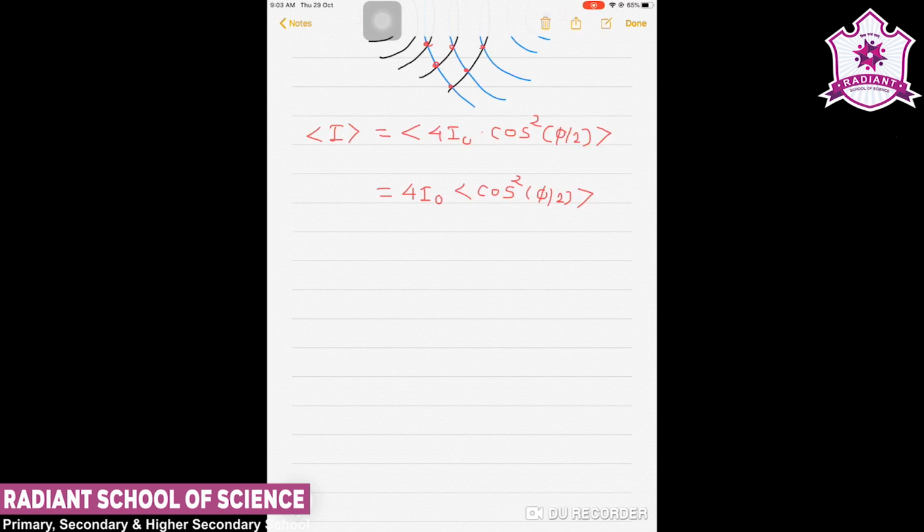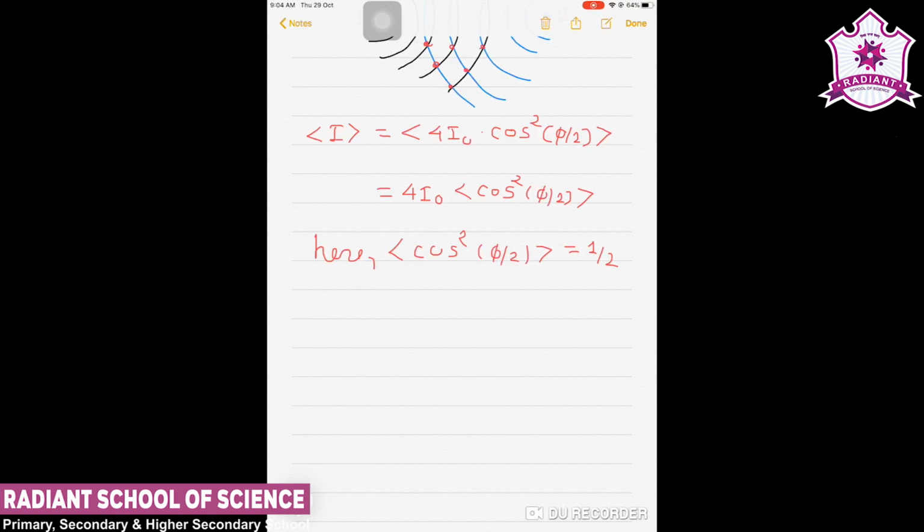So here we can say that cos square phi by 2 will be 1 by 2. This is also intuitively obvious because the function cos square phi by 2 will randomly vary between 0 and 1, and the averaging value will be 1 by 2.